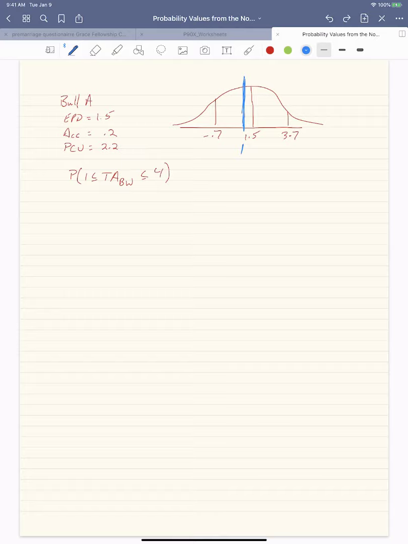So now we're going to do between 1 and 4. Another way to write this is the probability that (1 minus 1.5) divided by 2.2 is less than or equal to the z value, which is less than or equal to (4 minus 1.5) divided by 2.2.